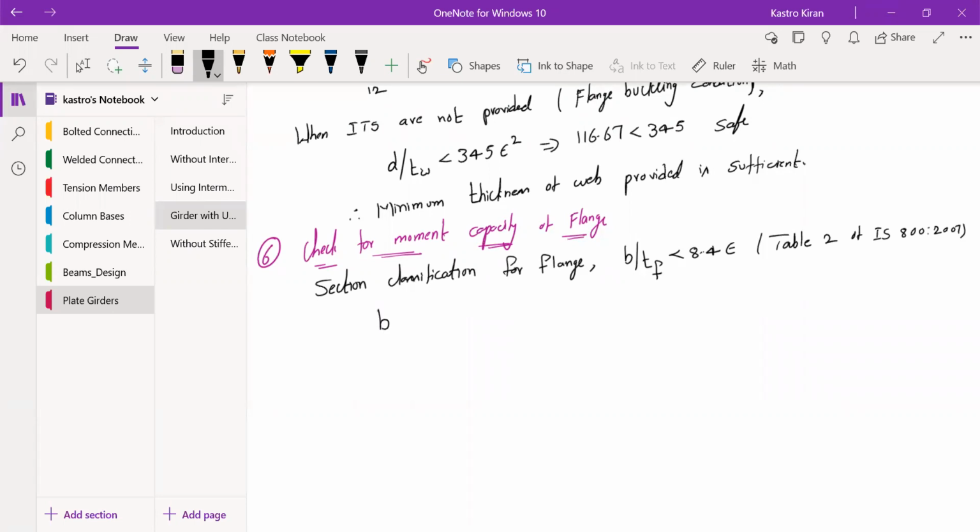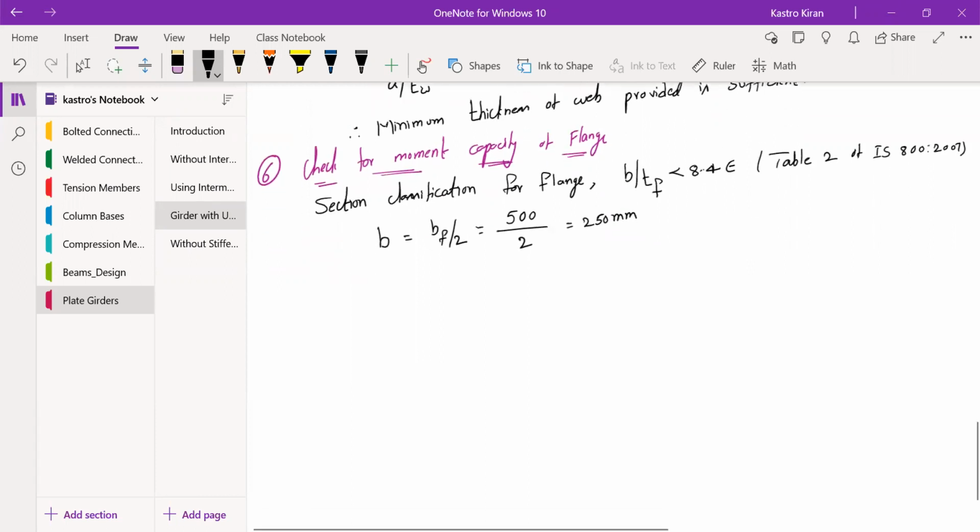And here, what is the value of B? Here, B is half of the width of flange, that is BF divided by 2, where BF is 500, so 500 upon 2 will be 250 mm. So now let's find the ratio of B by TF. B is 250 and the thickness of the flange is 40 mm, which gives 6.25, which is less than 8.4 into epsilon.